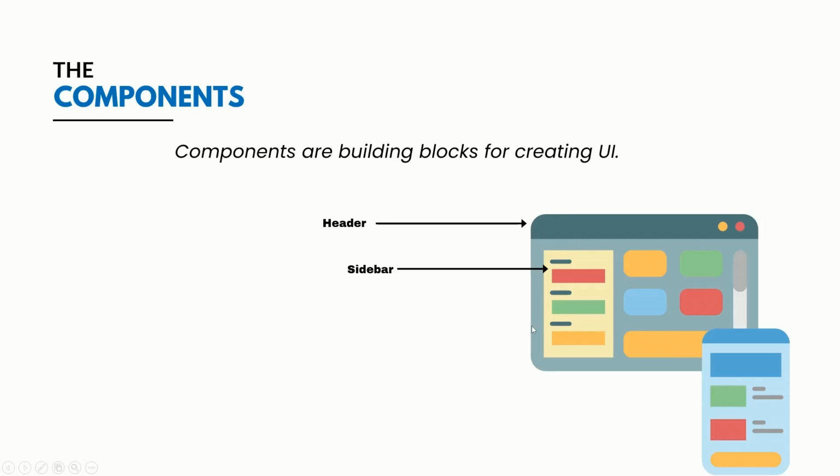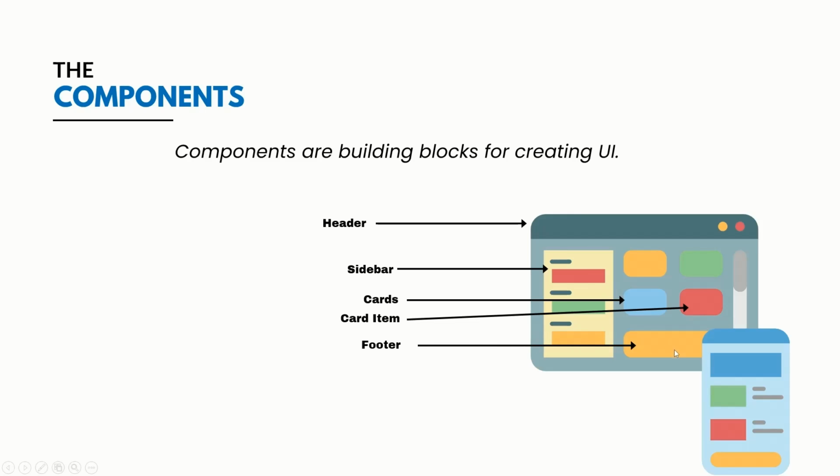Sidebar could actually be another component that you can build, and there are other components as well. You can see there are some cards. All of the cards are one cards component, and for each card item we have the card item component. And again you can see there is a footer for your application. This is also a component.